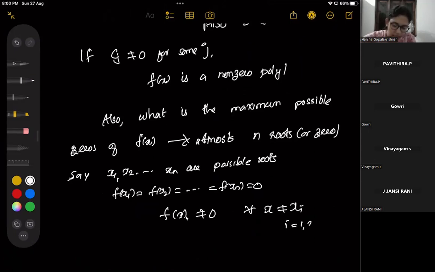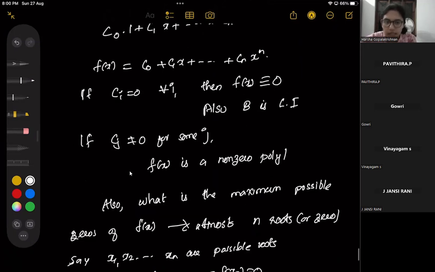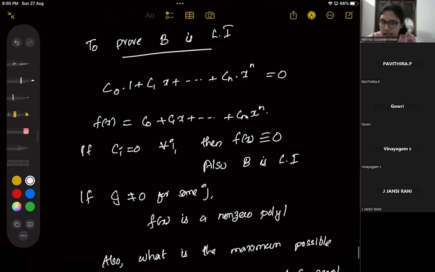But here we are getting a contradiction, because f of x is C0 plus C1 x plus etc. Cn x to the power n, identically equal to 0 for all x. This is not possible, because this contradiction happens since we have taken some Cj to be non-zero, which is why f of x is a non-zero polynomial.